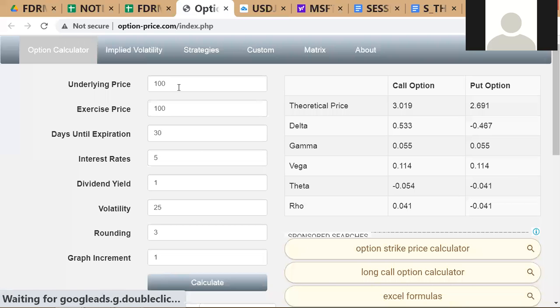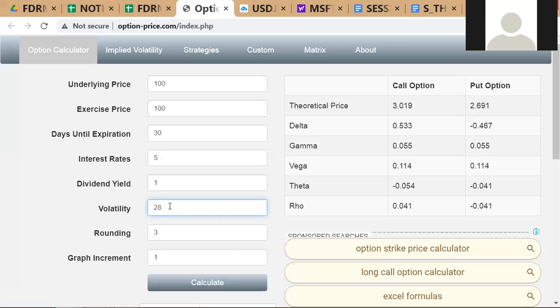Simple here. If I sell the put option at 2.69 here, and I sell the put when the parameters are like this, and nothing else changes, the underlying does not reduce in value. It's just that the IV will change, and I'll increase this from 25 to, say, 30, or even 28.